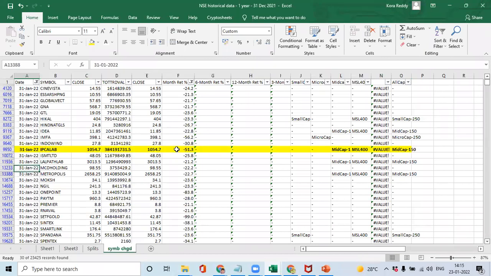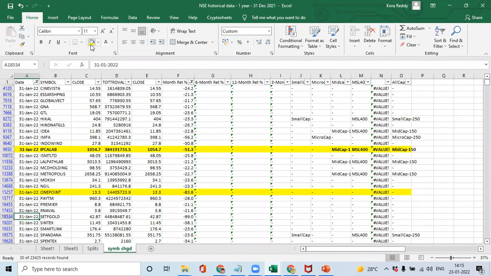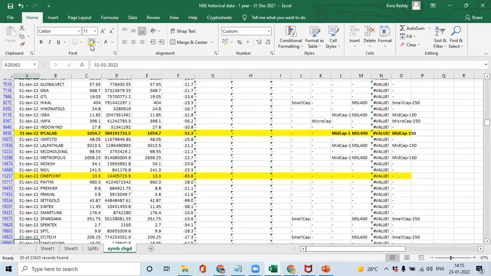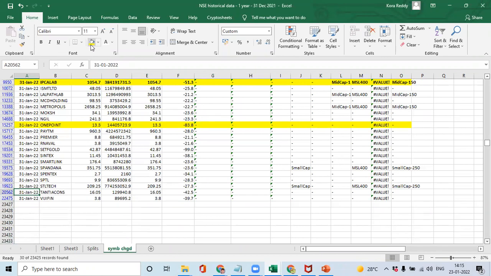What is this stock also? Might be a suspicious candidate. This is gold, I'm not interested because that's an ETF. What is this? Maybe I'll check, because I want to be accurate.